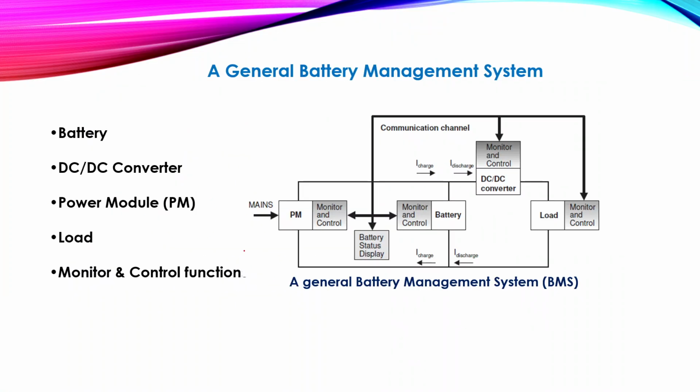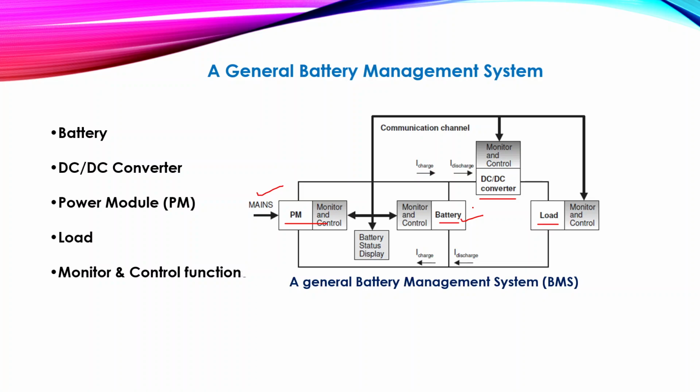Here, this figure shows the general structure of the battery management system. We have the power module, battery, DC-DC converter, load, and monitor and control. The power module is connected to the mains, which charges the battery.